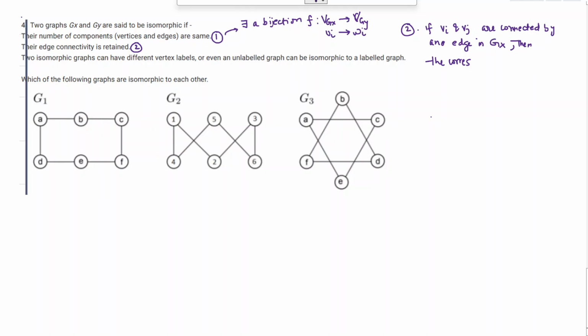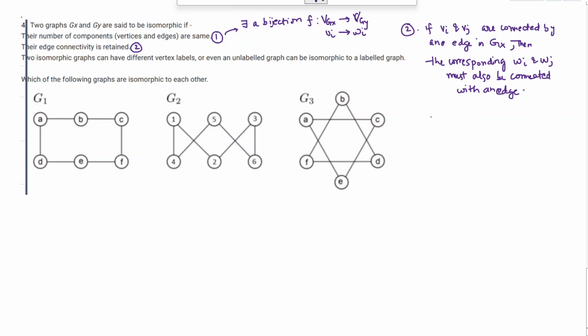Then in the second condition we say that in the corresponding graph, Wi and Wj must also be connected with an edge, right.